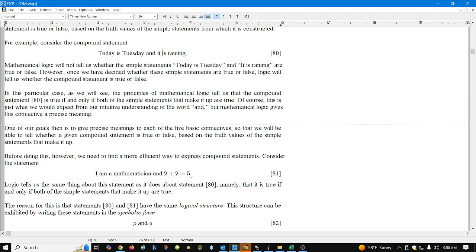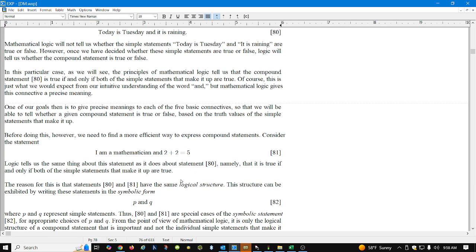So the way to remove irrelevant information, like Tuesday, raining, mathematician, none of which bears on the logical structure, we use symbolic structure. So we will replace simple statements by letters. P and Q are common letters to use for this.